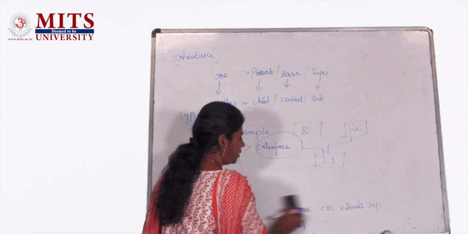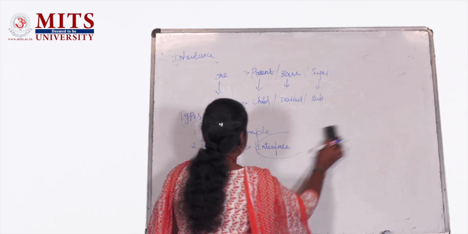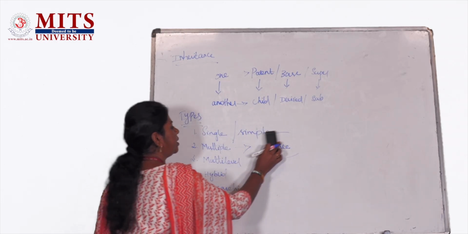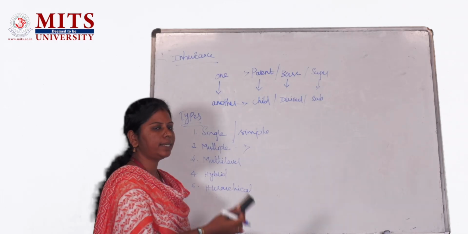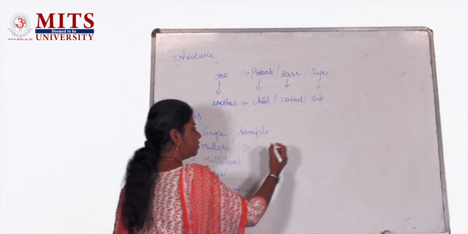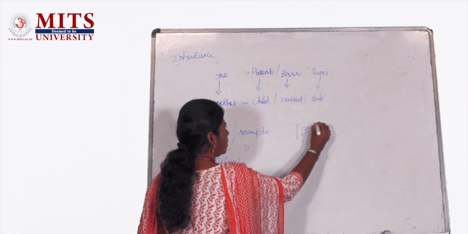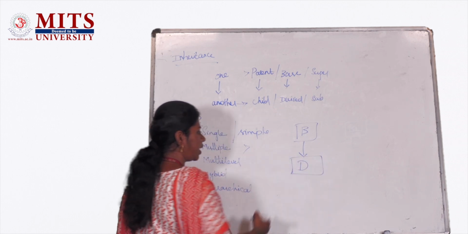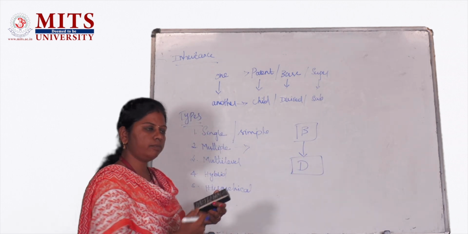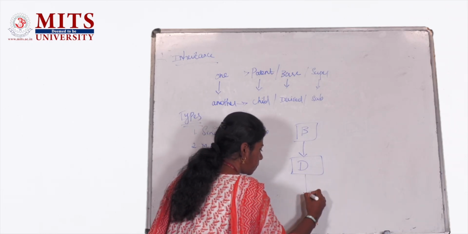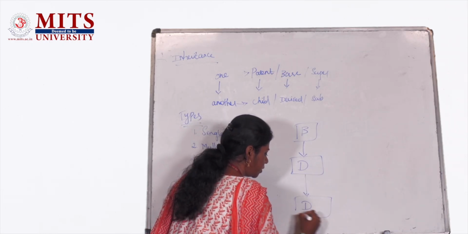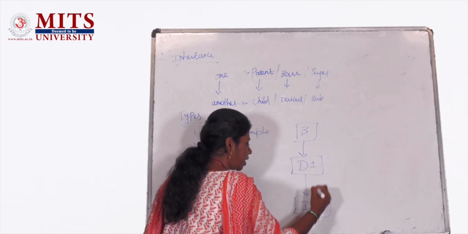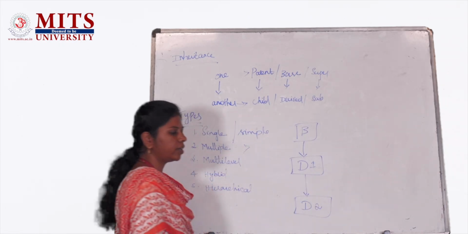And next one, multi-level inheritance. Just consider the first base class is there, then we derive a derived class, and again we derive another class. So just consider this is derived class 1 and this is derived class 2.